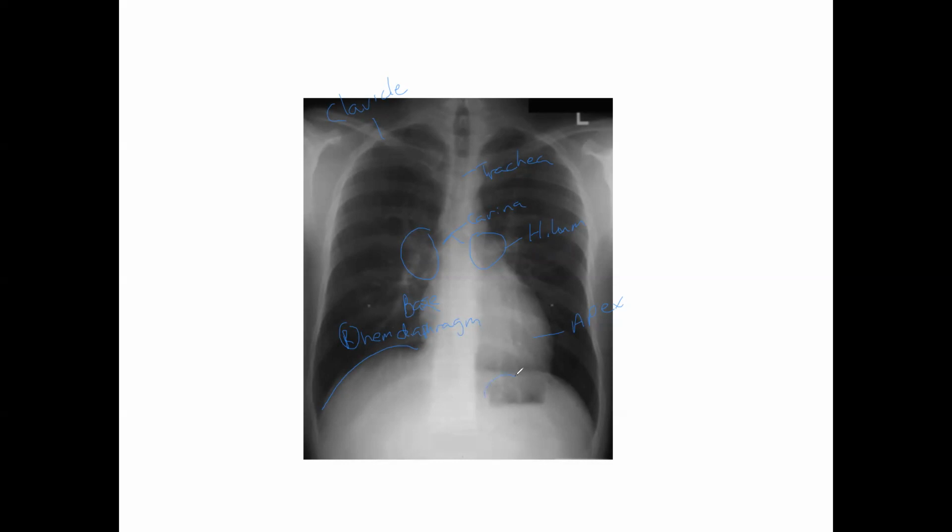We talked about the gastric air bubble. Where the ribs meet the diaphragm, let's change colors because that blue is getting hard to see, and that is your costophrenic angle.